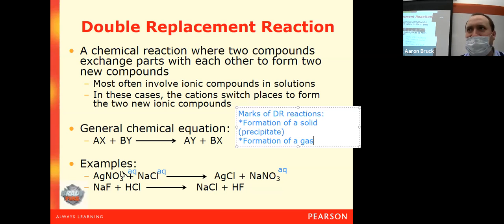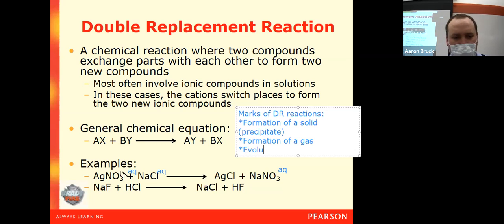The acid in the vinegar is reacting with the bicarbonate ion in the baking soda to create carbon dioxide gas, and the carbon dioxide gas gets trapped, and eventually, you get enough reaction occurring quickly enough. That becomes the basis for that volcano reaction that you're seeing. So formation of a gas is another marker.